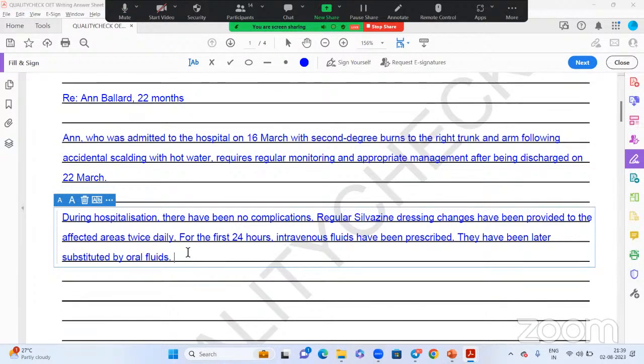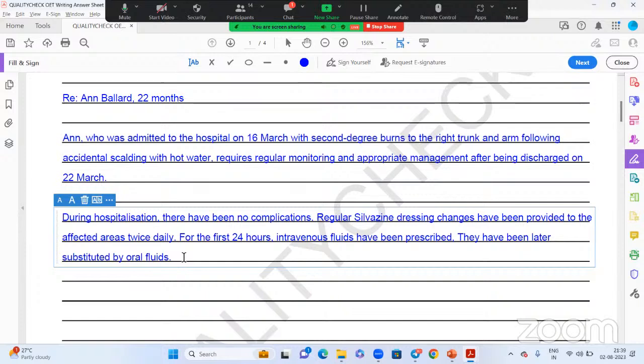Now here you can write it as a B grade sentence. This sentence can be written in different styles. Now, B plus grade.